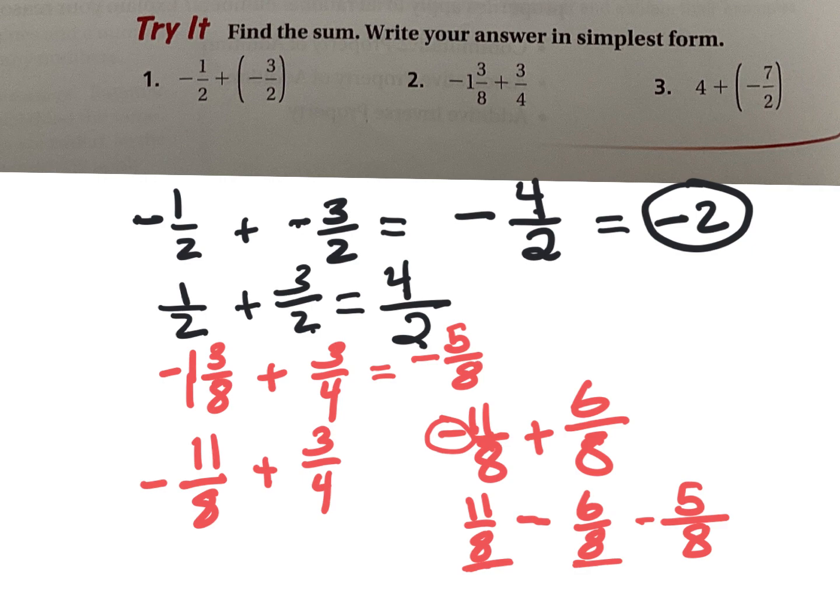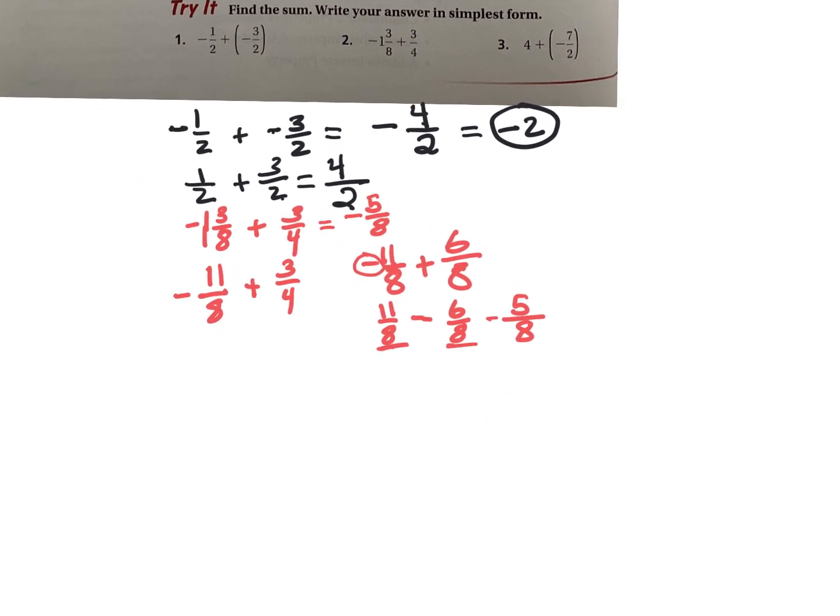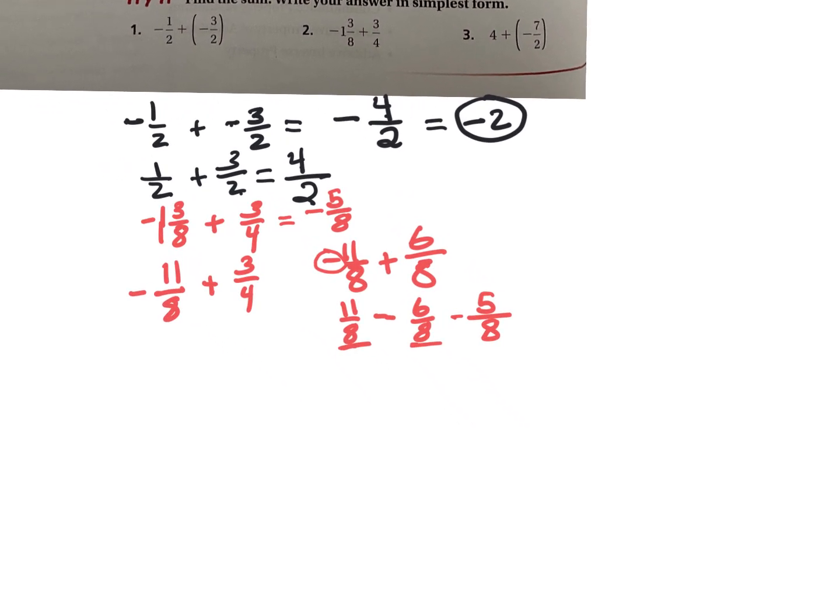Okay. Let's do one more. This one I'll do in green. I'll do it right here. It's going to be 4 plus negative 7 halves. Okay.